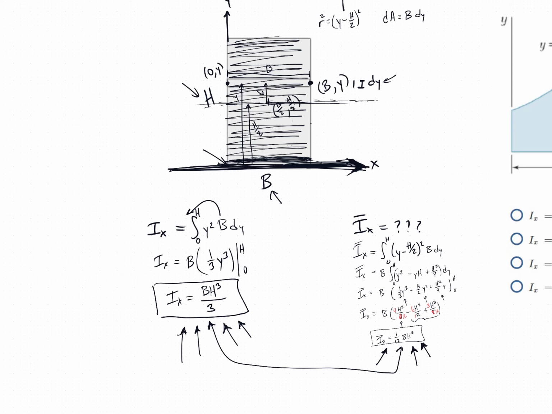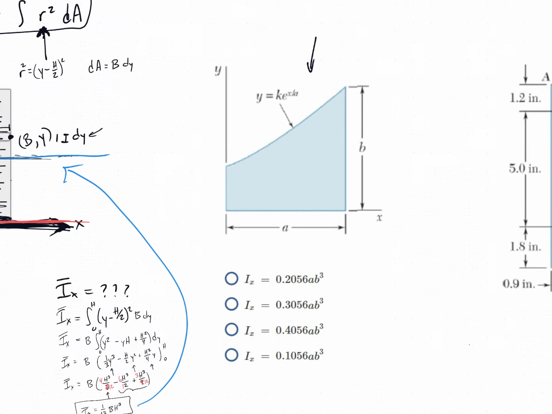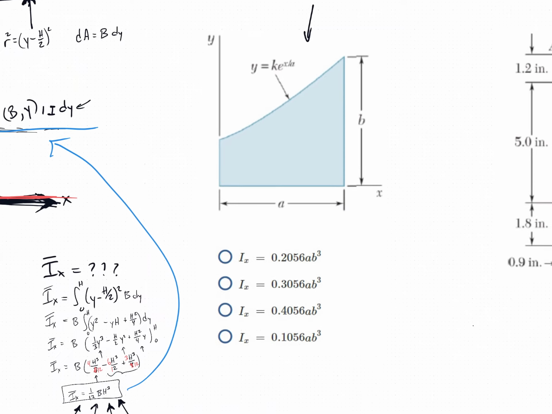So note there's 2 axes here. This one applies to this axis right here. And this one applies to the centroidal axis, which is more or less right here. All right, so let's go over here and let's solve this sucker. I love this guy.